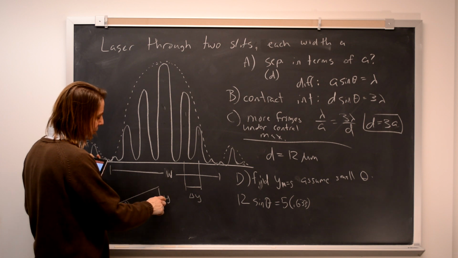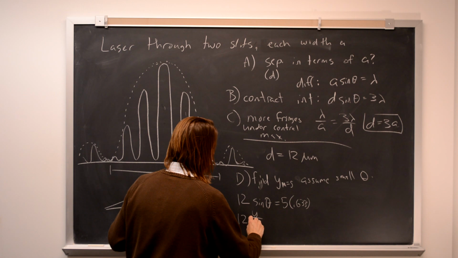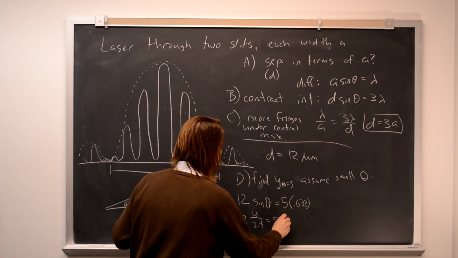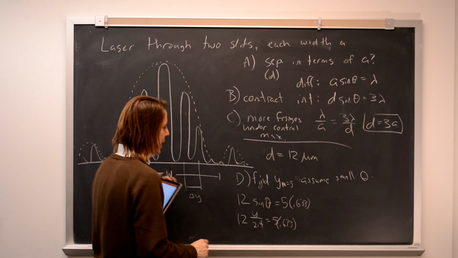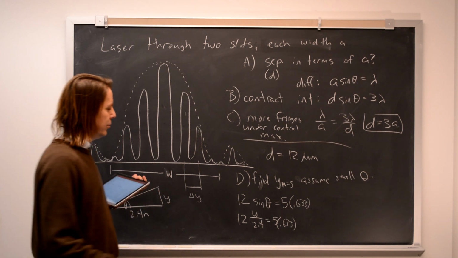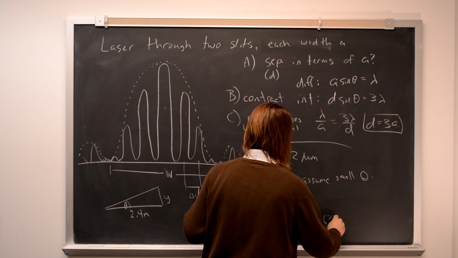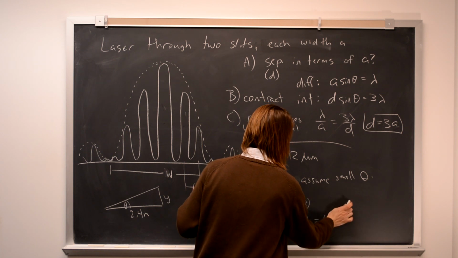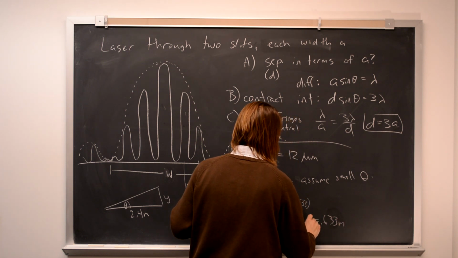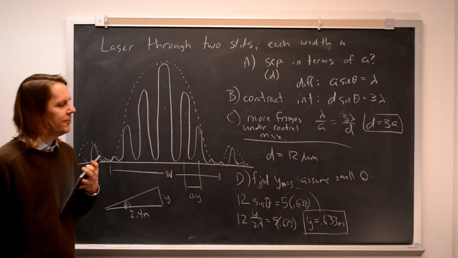So we could replace that with y over 2.4. 12 microns times y over 2.4 equals 5 times 0.633, and you get the right answer. You get y equals 0.633 meters. All right, that's this y right here. Y for m equals 5.